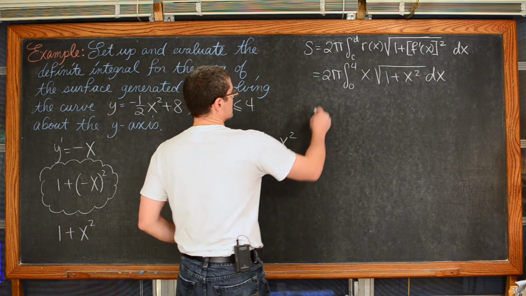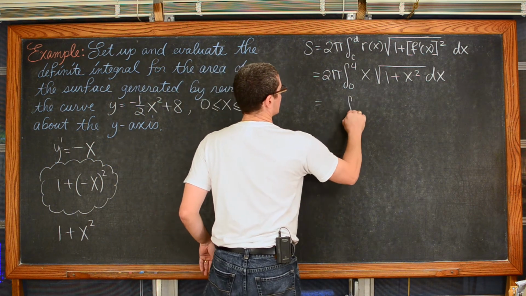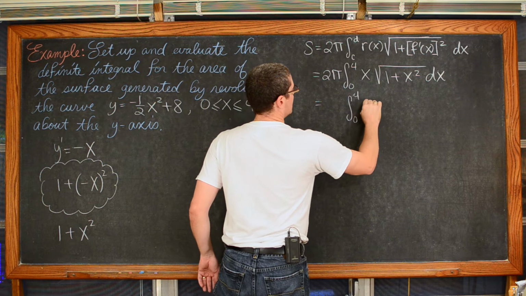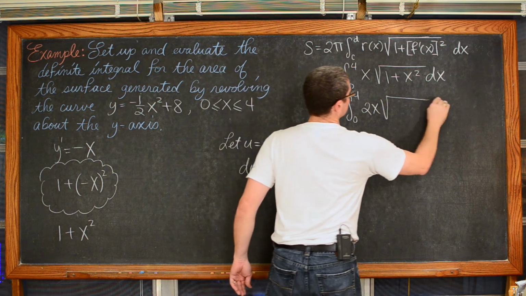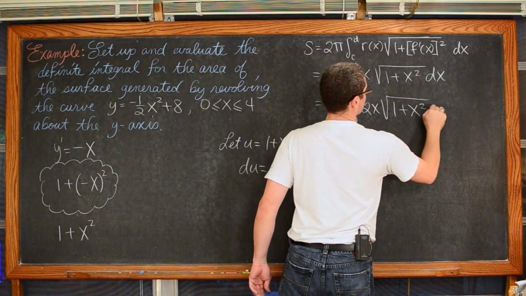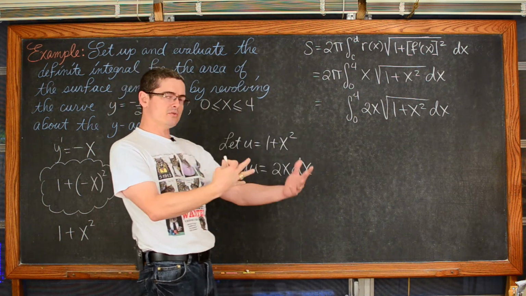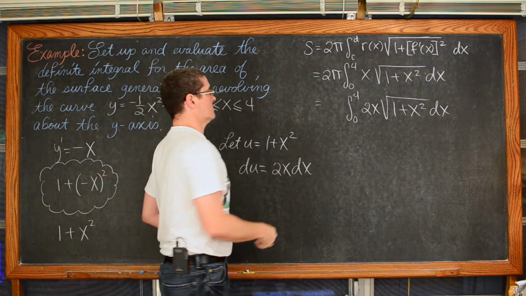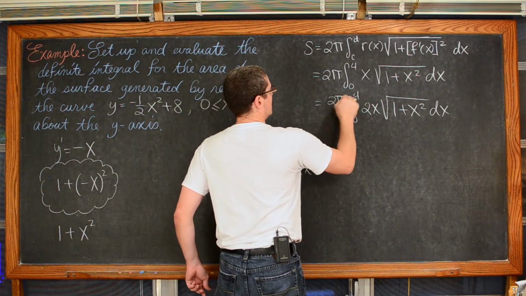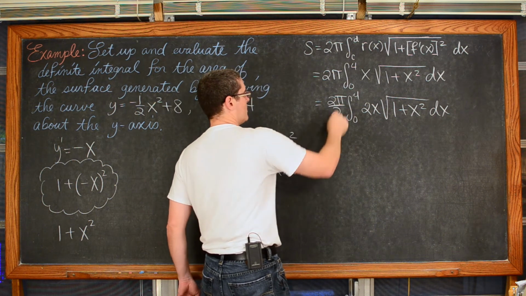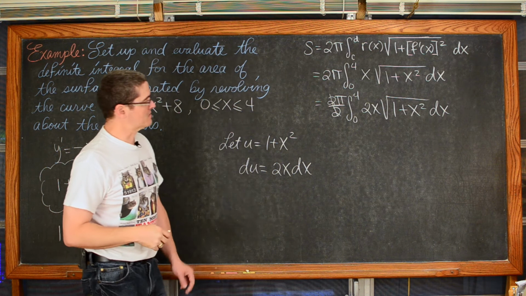Let's rewrite this as the definite integral from 0 to 4 of 2x times the square root of 1 plus x squared dx. But I can't just change the value of the expression. If I introduce a multiple of 2, I have to divide by 2. So then we have 2 pi divided by 2 out front, and of course those 2's are going to cancel out.